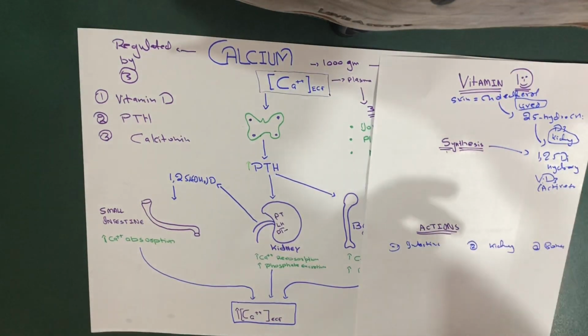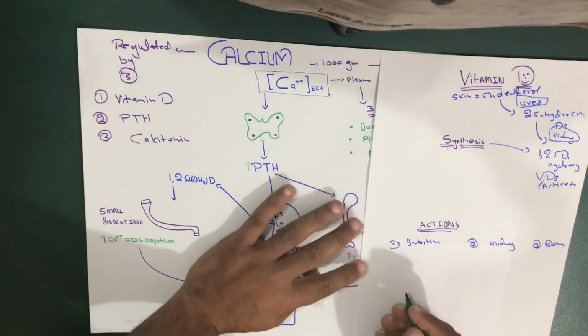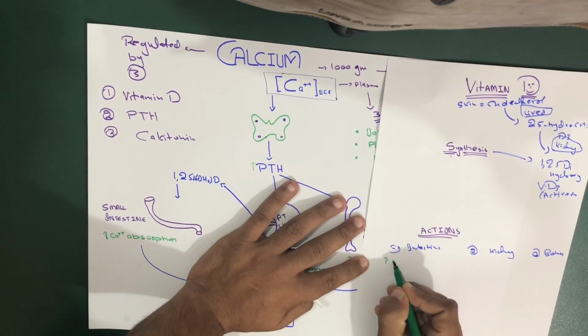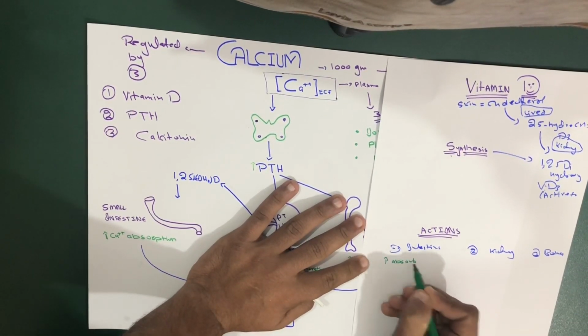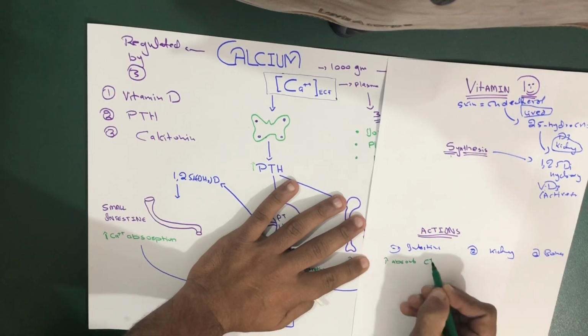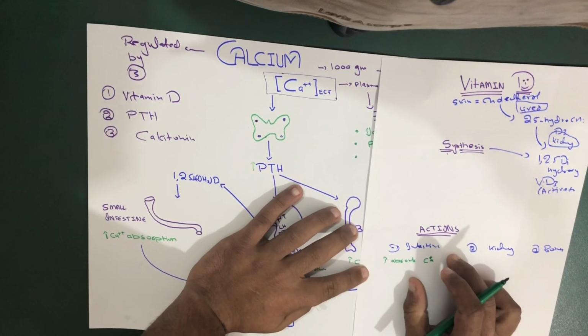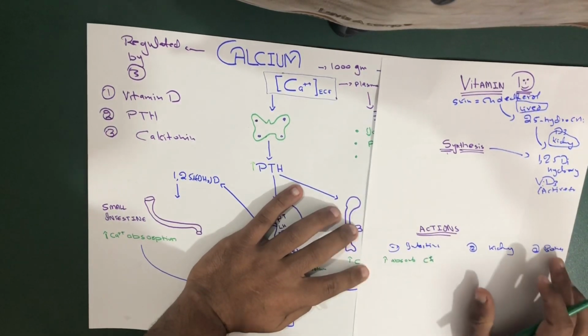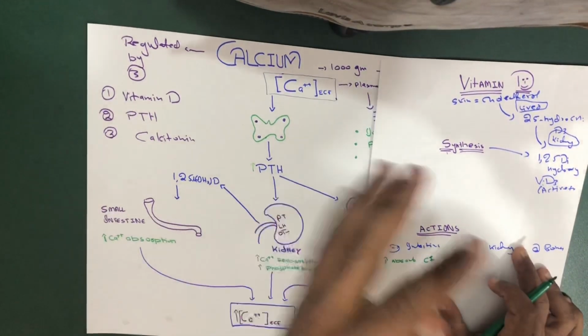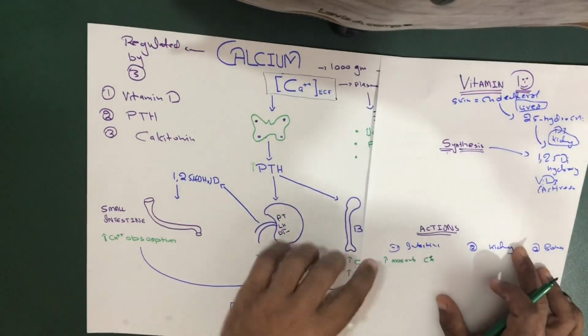So in the intestine, what happens? It increases the absorption of calcium, right? How does it do it? It does it by the formation of more calbindins, the calcium binding proteins.